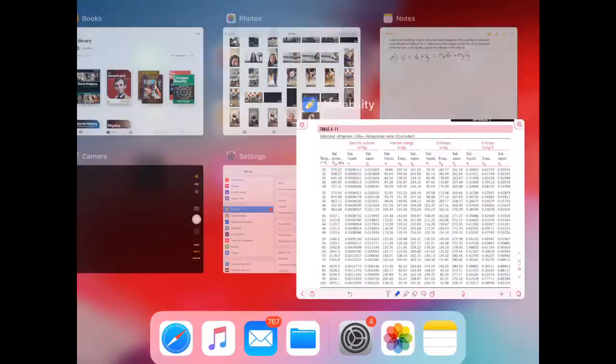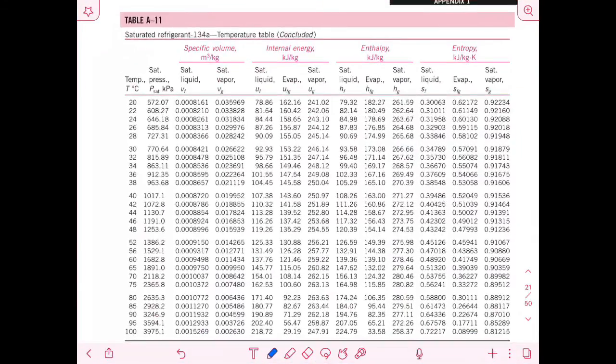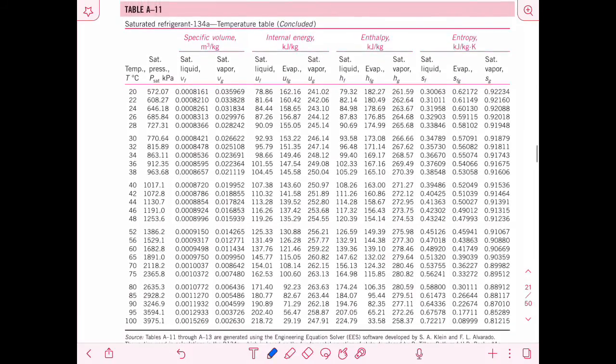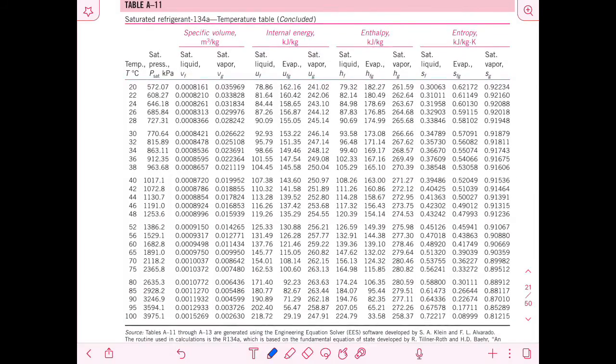Referring to our table for refrigerant 134A, the temperature table at 75 degrees Celsius. We're also looking for the pressure.